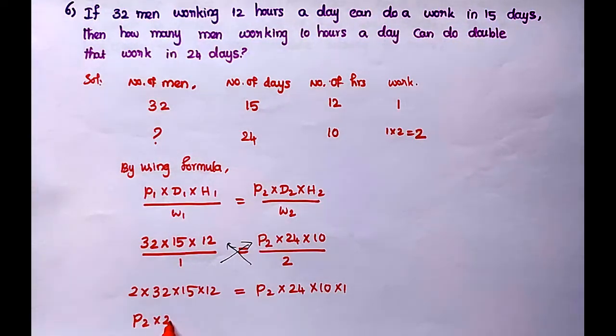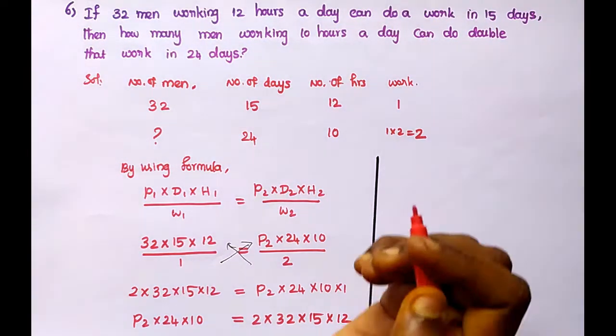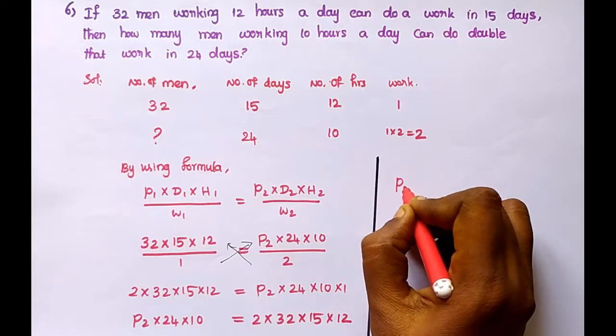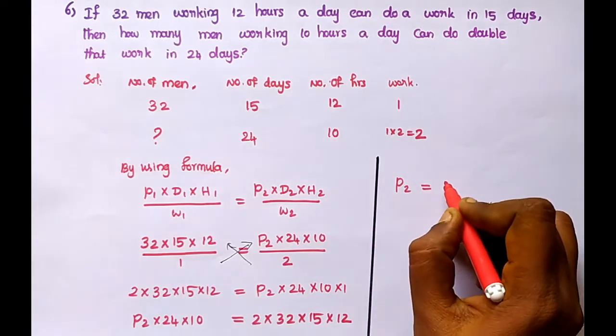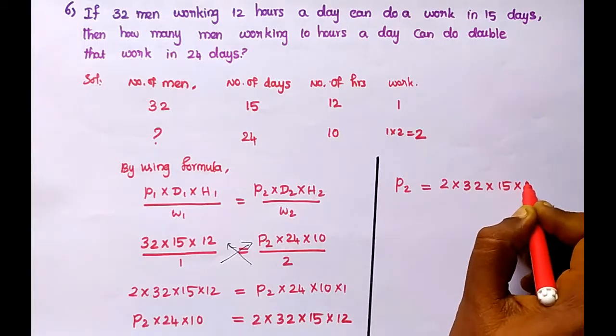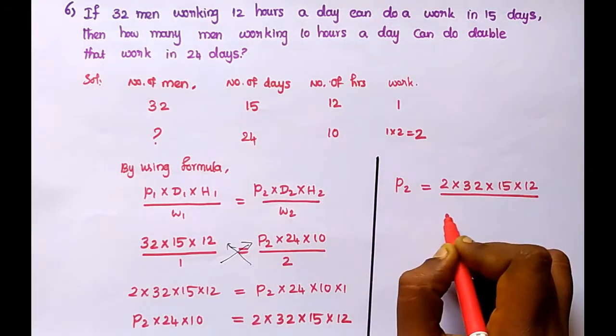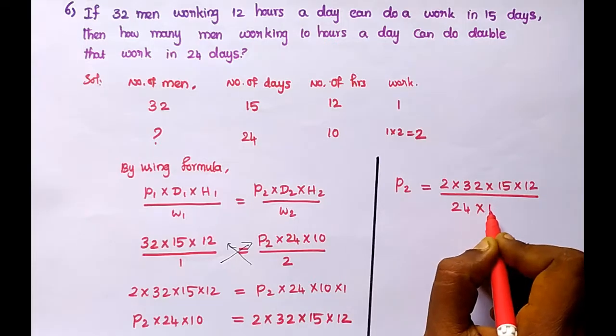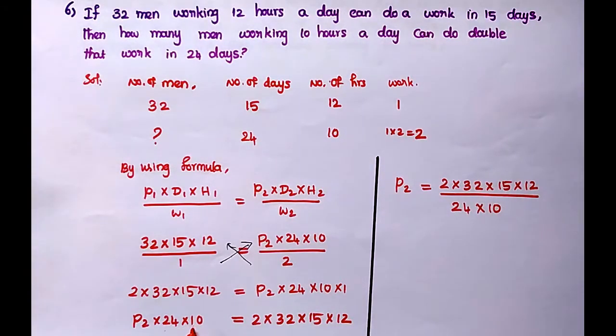P2 into 24 into 10 into 1, and here 2 into 32 into 15 into 12. Now we don't know P2, so keep it here, and 2 into 32 into 15 into 12 divided by 24 into 10. Here it is multiplication, bring this side means division.